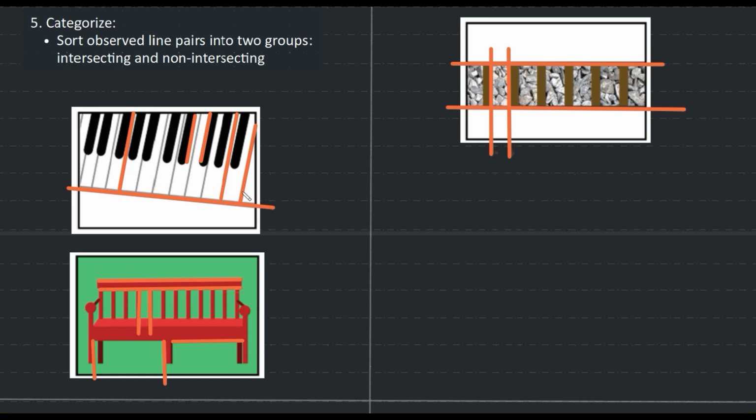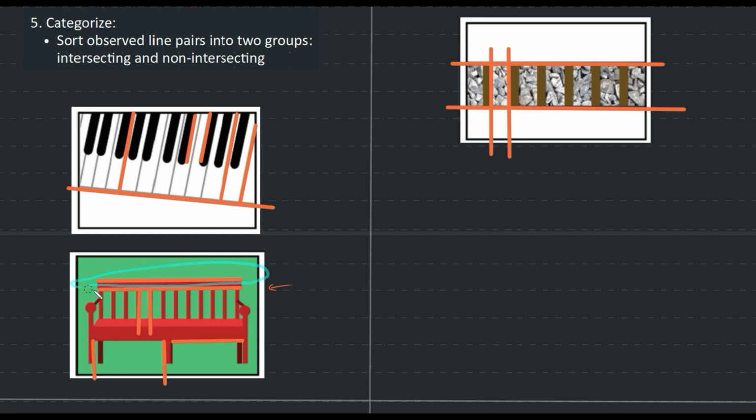Well, these two already met. This, if I extend, they will meet. If I consider a line over here, let me actually change the screen. If I consider this line and this line, they will meet. This line and this line, yeah, if I extend, they will meet.